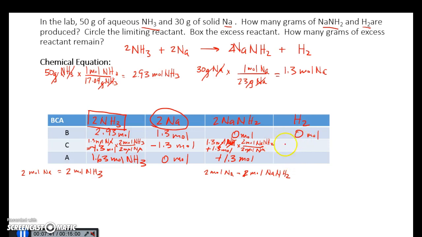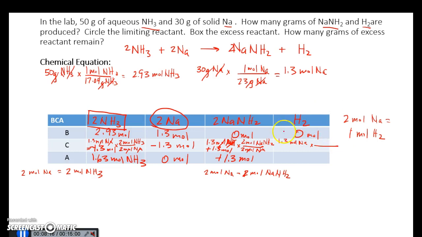For this one here, again, I notice that I have a 2-to-1 ratio. In other words, for every 2 Na that are used, we have half the amount of H2. So in this case, again, I'm going to set up my dimensional analysis. I have 1.3 moles of Na, and my relationship, as I mentioned, was 2 moles of Na will produce 1 mole of H2.